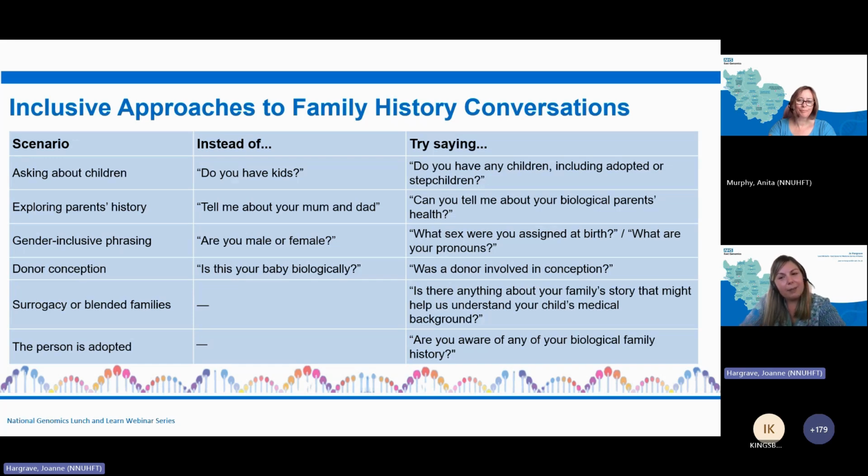And when it comes to that medical relevance, our focus should be on the organs and inheritance and not assumptions about somebody's identity. And if you're really unsure about how to frame sensitive questions, consider just asking, is there anything about your family, the way your family was formed, that would be helpful for us to know? Because it's open, respectful, and puts the person in control of their story.